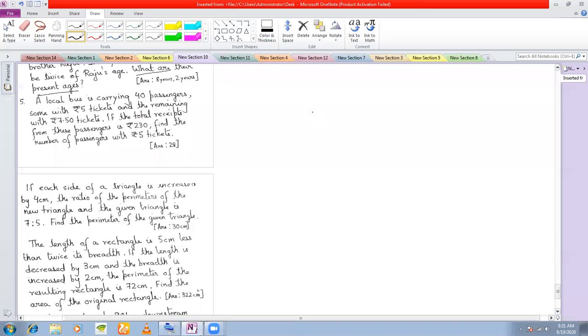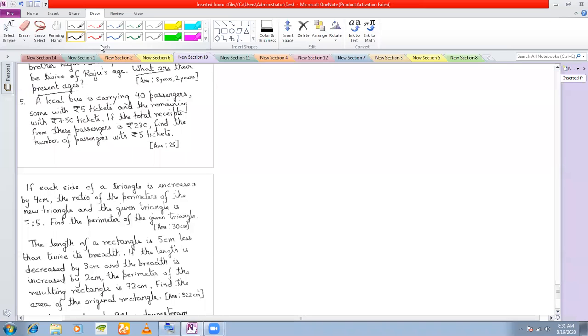The question here is, find the number of passengers with 5 rupee tickets.